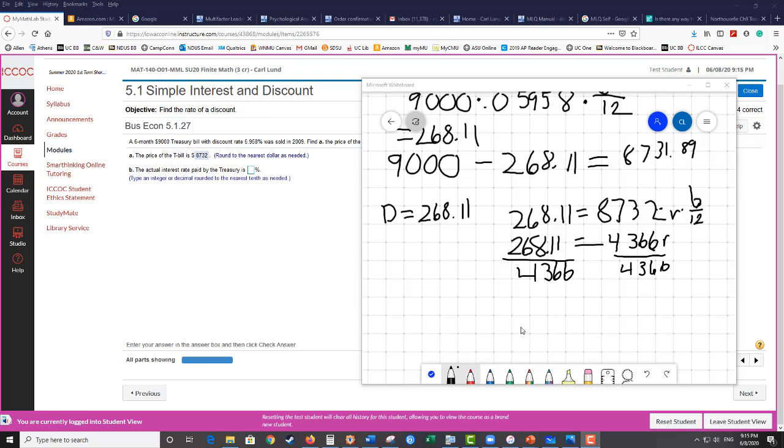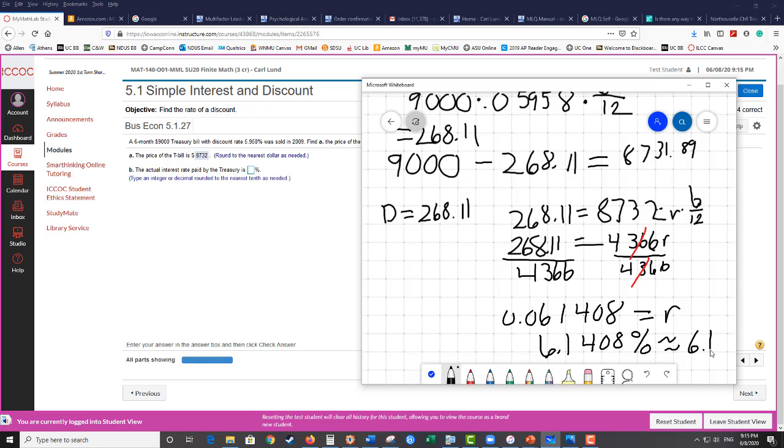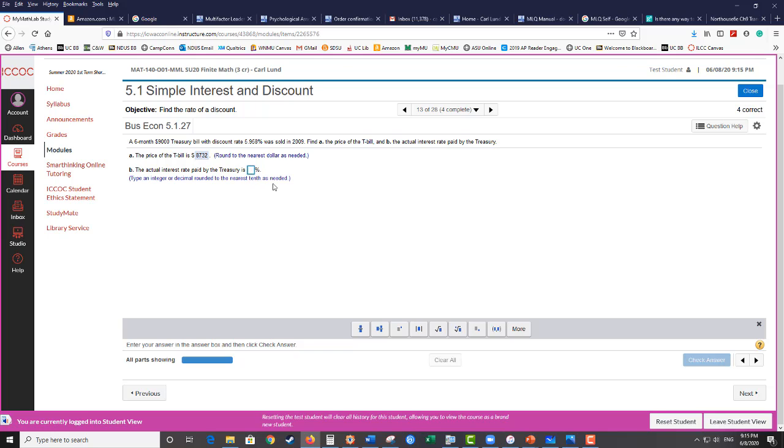And so on the right-hand side, the 4,366 cancels, I just have R. And on the left-hand side, I get 0.061408 and a bit more. The problem says I want to round this to the nearest tenth. So this, for interest, is going to be 6.1408% interest, which rounded to the nearest tenth is going to be 6.1%. Assuming all my calculations were right there on the calculator. So 6.1%.